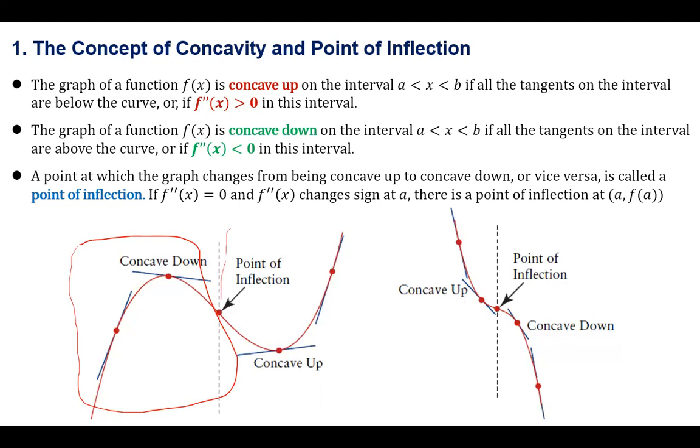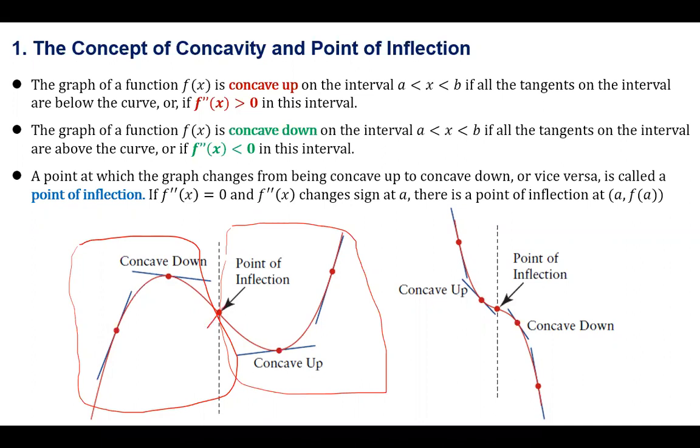And from this point all the way to infinity, all of the tangents on the interval are below this curve, right? Therefore, this interval is an interval of concave up.